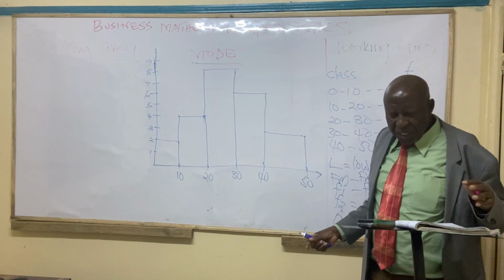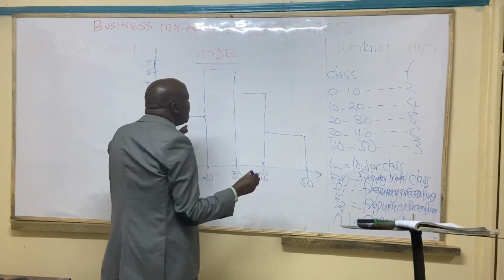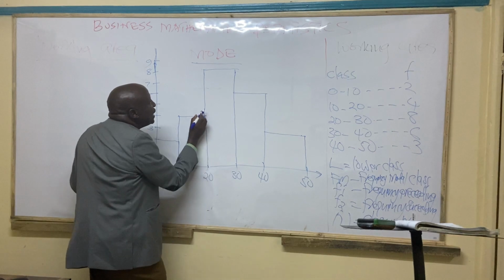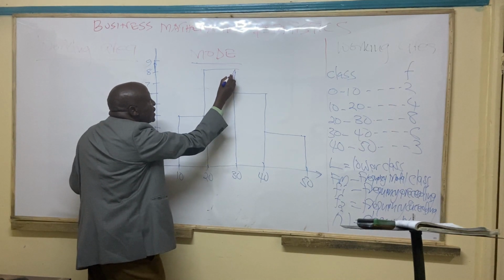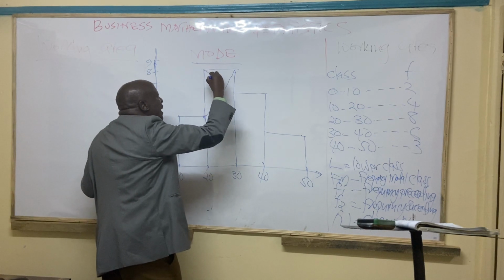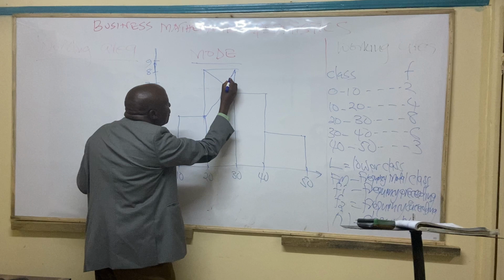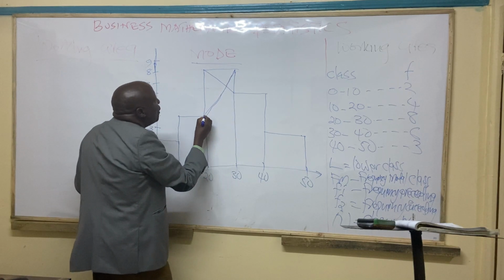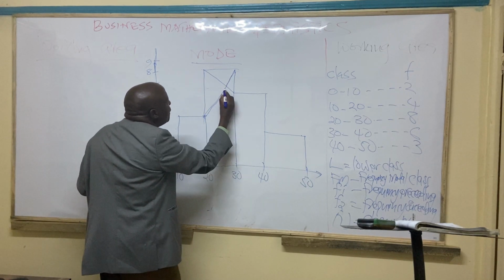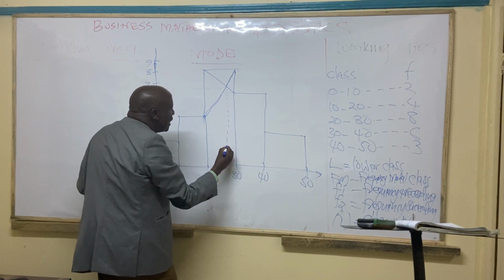So thereafter, using this graph, we draw a line from here, and then another line here. Where this diagonal will meet with this one, we call it our modal class.